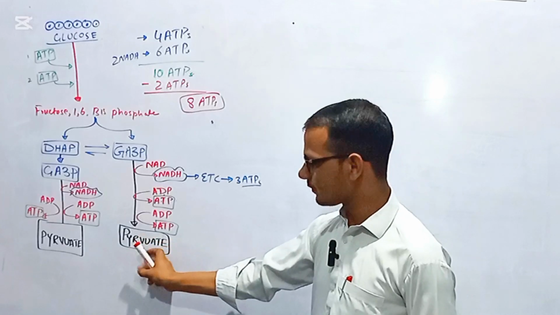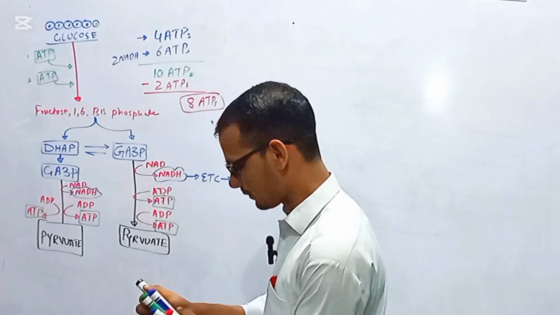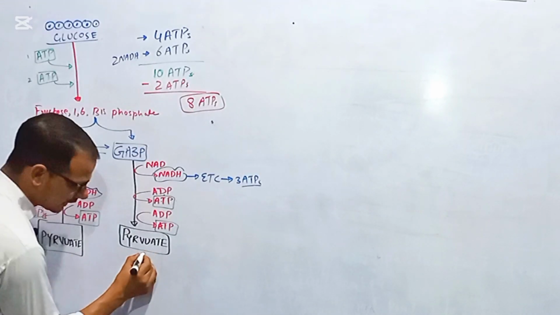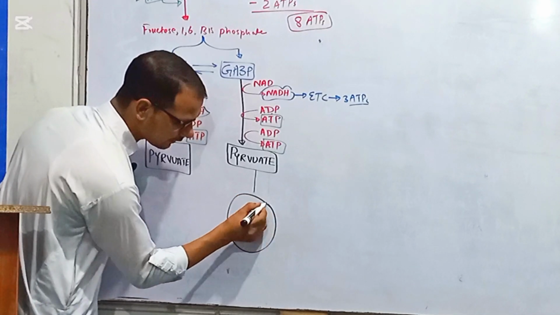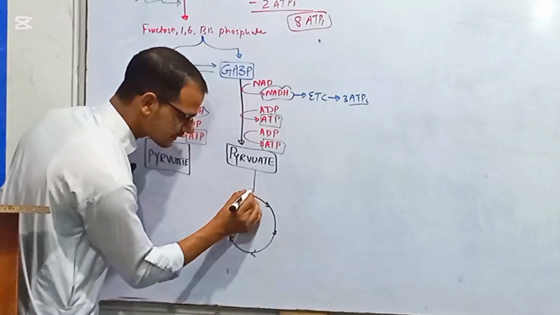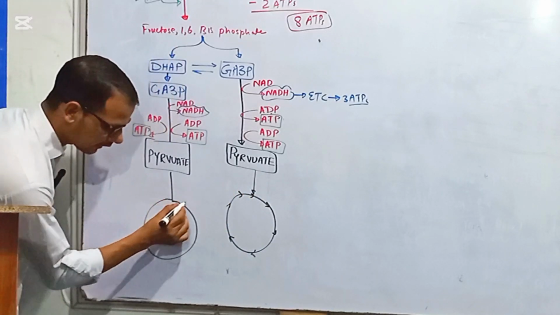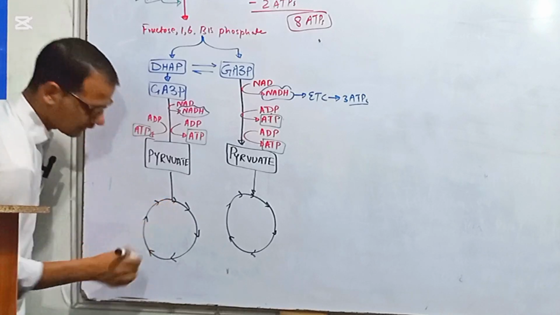Here the game is different. When oxygen is present abundantly, it will undergo the Krebs cycle, and the other pyruvate also undergoes the Krebs cycle.